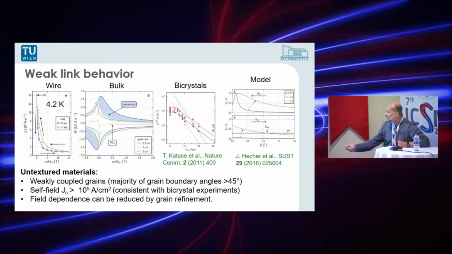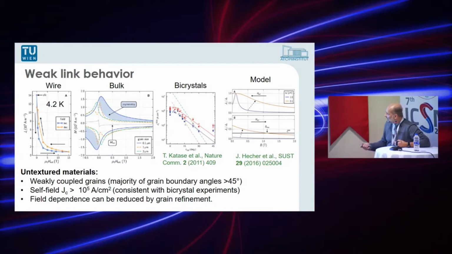And in a non-textured material, the majority of grain boundaries have angles above 45 degrees. So this is quite consistent with the observation that you really find this hysteretic behavior of Jc and this asymmetry in magnetization measurements. This is just a signature of these Josephson-coupled grains.